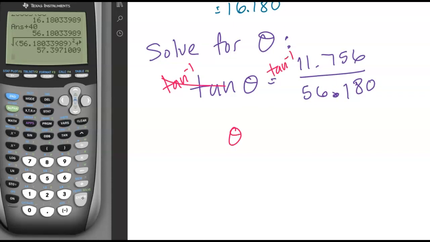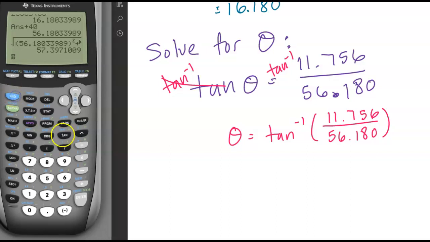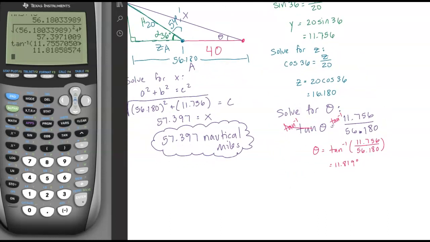They cancel, leaving me with theta is equal to tangent inverse of 11.756 over 56.180. Now I'm going to always pull these numbers from my calculator, go up and get the 11 number divided by the 56.180 number. And I get 11.819 degrees.